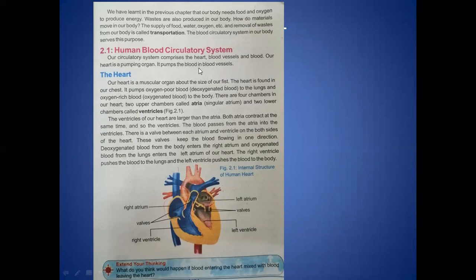It pumps the blood and then it goes to the vessels. Those vessels, I told you, are capillaries, veins, and arteries. The first and most important part of the circulatory system is the heart.